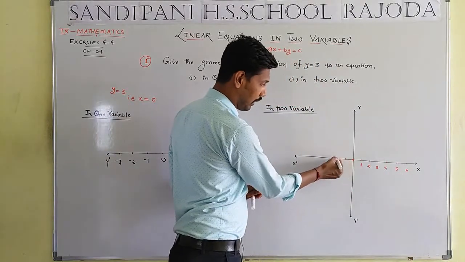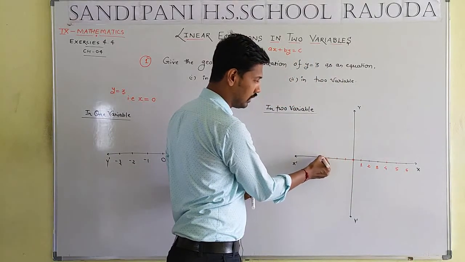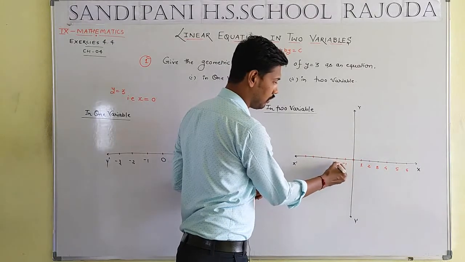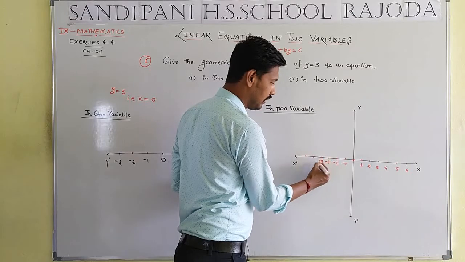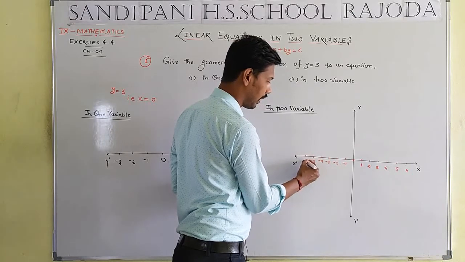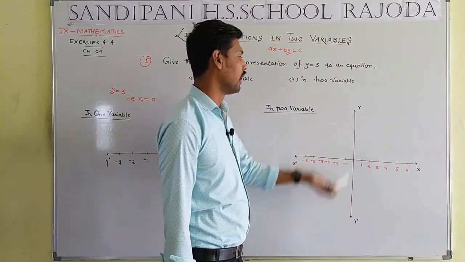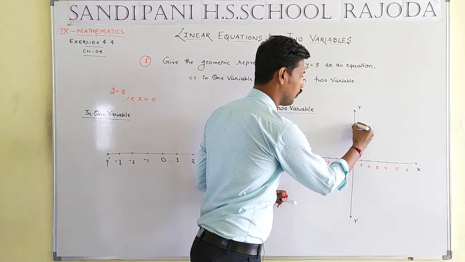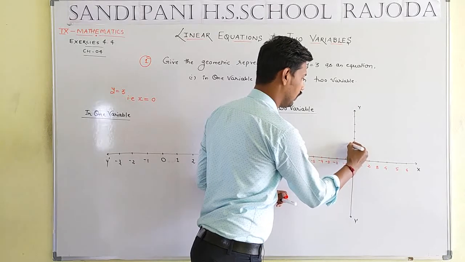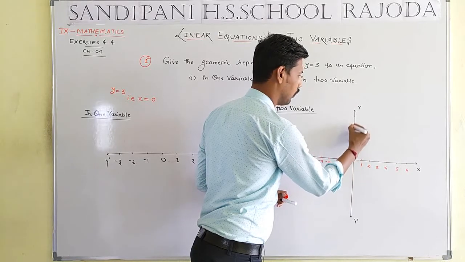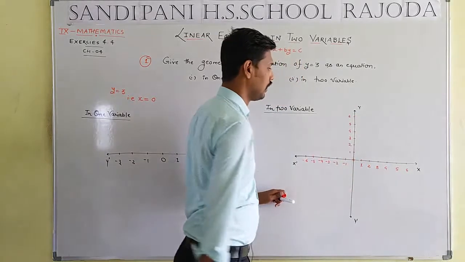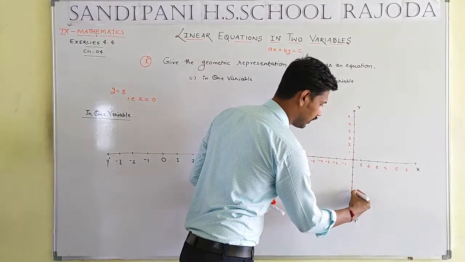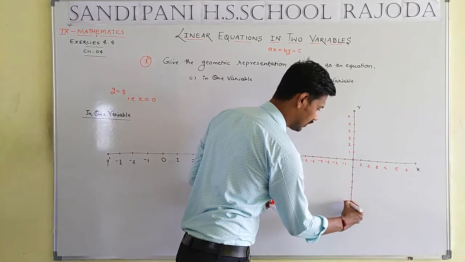Again -1, -2, -3, -4, -5, -6 on the x-axis. Students, from the y-axis we get the points 1, 2, 3, 4, 5, 6, and negative -1, -2, -3, -4, -5, -6.